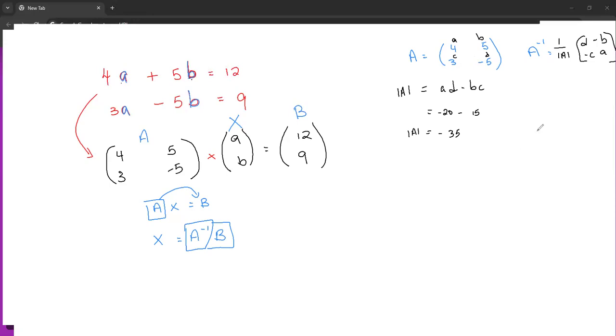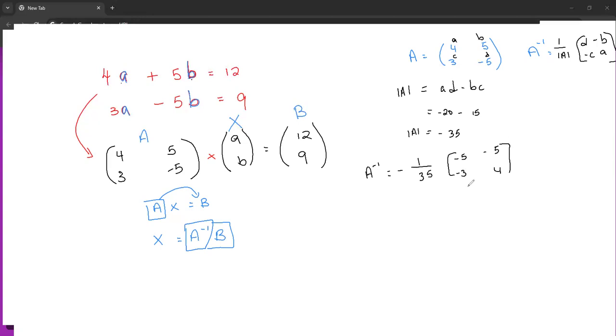So what we'll do is that we're going to have 1 over the determinant, which is negative 35. And then, so this is to find the inverse of the matrix. So we're going to swap these two. Where I had D, I'll put A, and where I had A, I'll put D. And then I have to change the sign of the other two.